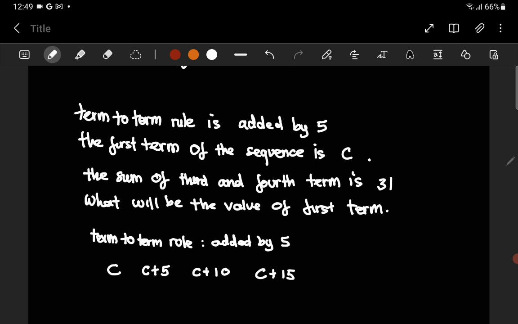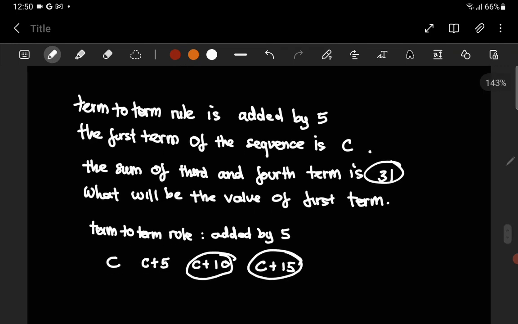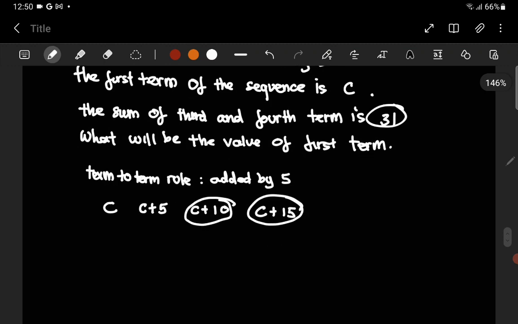Now, after that, we go to the next one. The sum of the third and the fourth term is 31. So if you add this one with this one, it becomes 31. So I can make an equation here. C plus 10, this one is the third, and then the fourth is C plus 15, is equal to 31.